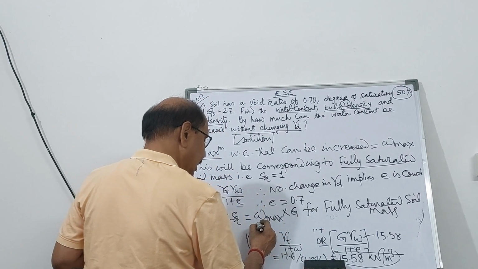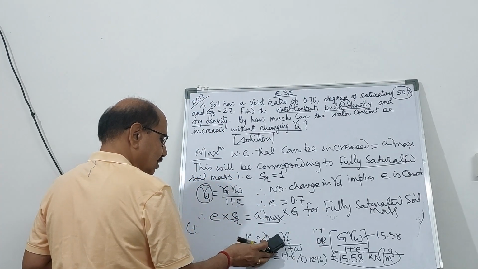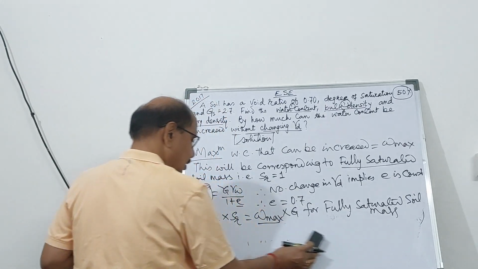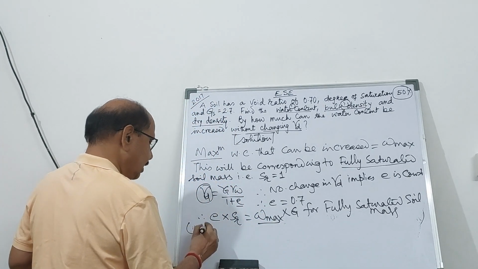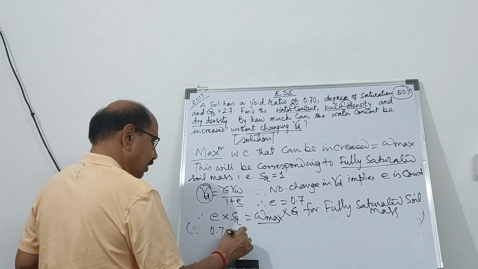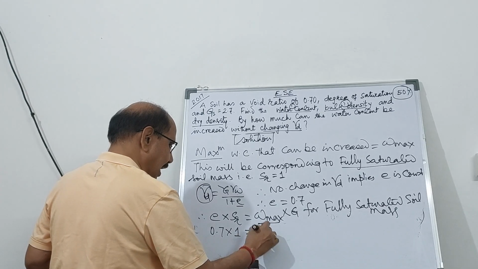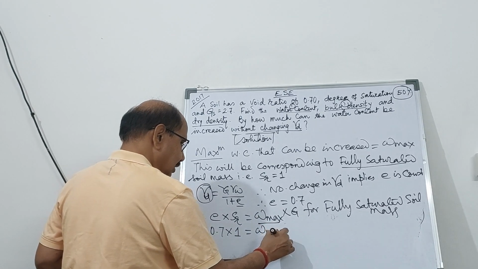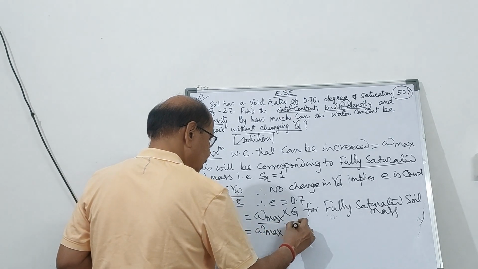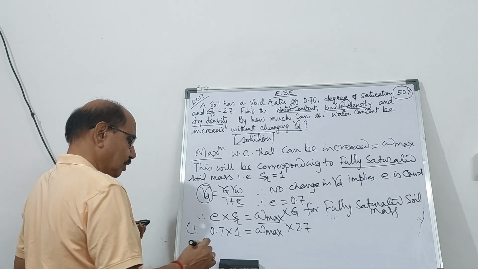So now you can find out the maximum increase in water content, W max. So therefore, e remains 0.7, degree of saturation for fully saturated is 1, and G is not going to change, that is, it remains at 2.7.